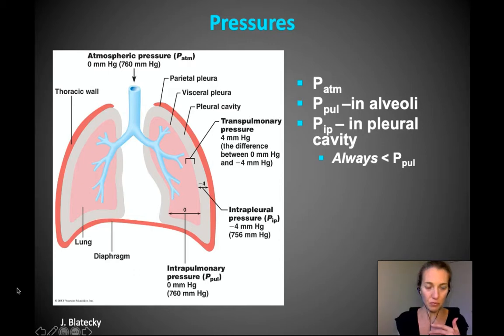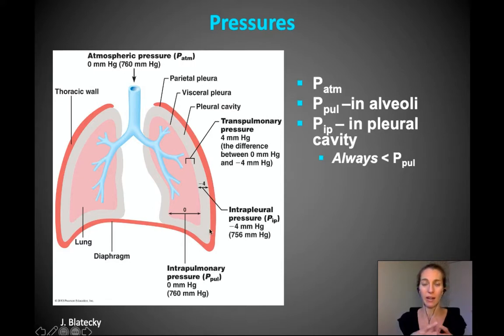So your lungs, your diaphragm, intrapulmonary pressure, P subscript PUL, pulmonary, is referring to the pressure inside the lungs. I'm also going to be describing atmospheric pressure, right? So at sea level, 760 millimeters of mercury. We also have intrapleural pressure, which is the pressure in our pleural cavity, right?